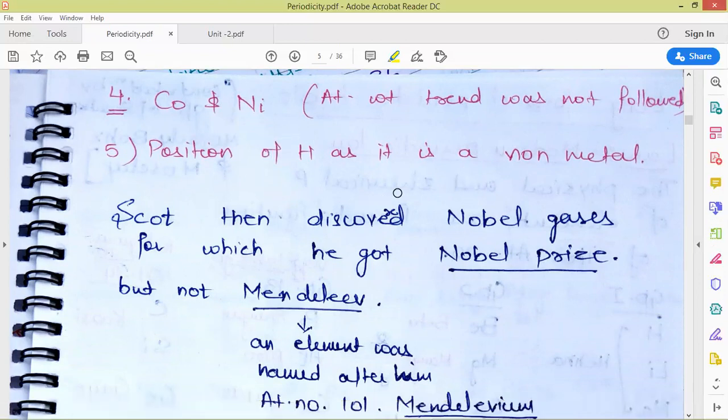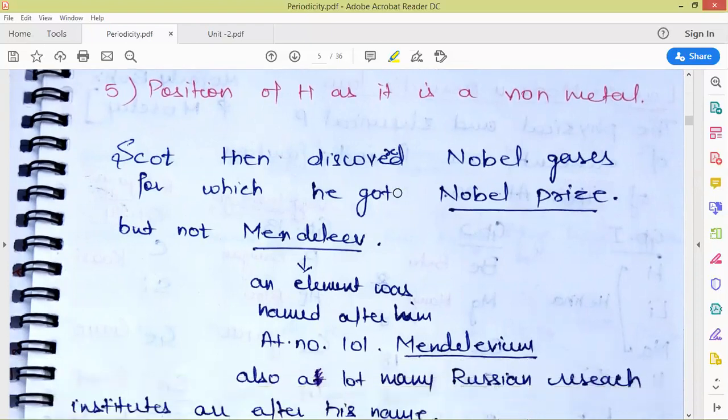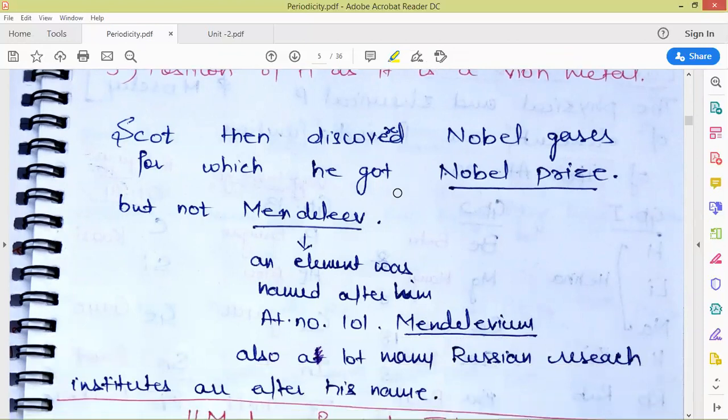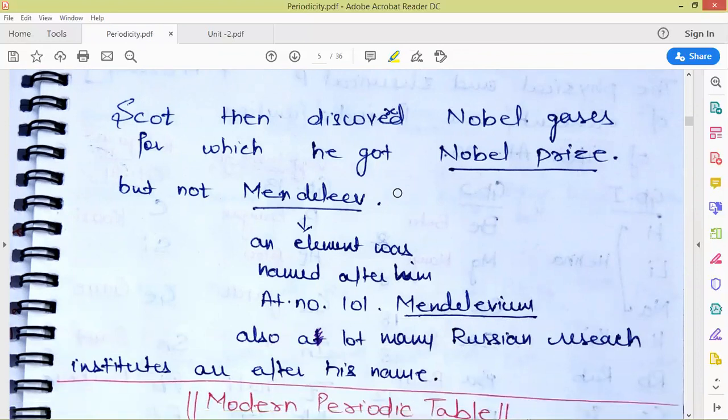Even now, the position of hydrogen is ambiguous, whether it is a non-metal or metal, and where it should be placed in the periodic table, as it shows the properties of non-metals, but it is placed with metals in the first group, as we will see in the modern periodic table.